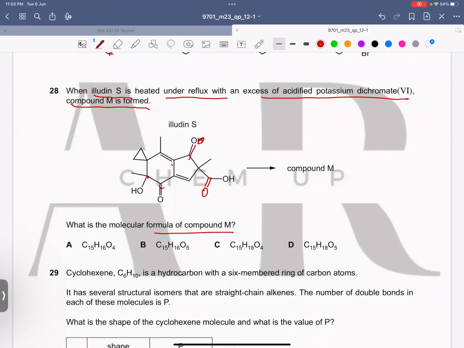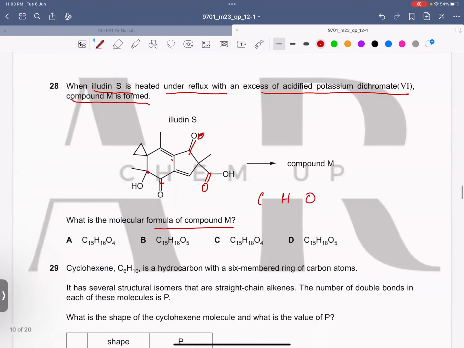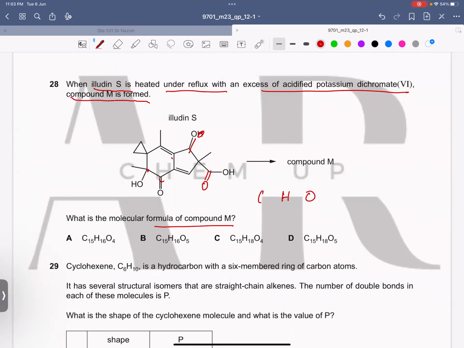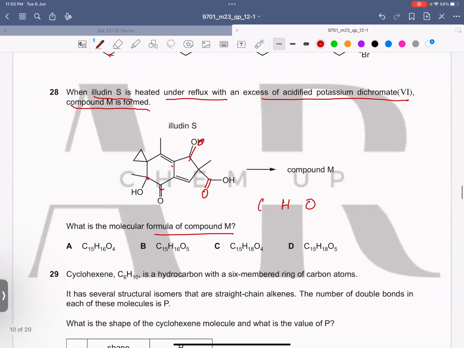So let's count the carbon, hydrogen, and oxygen. 1, 2, 3, 1, 2, 3, 4, 5 oxygens are there. So C is wrong. There are 5 oxygens.